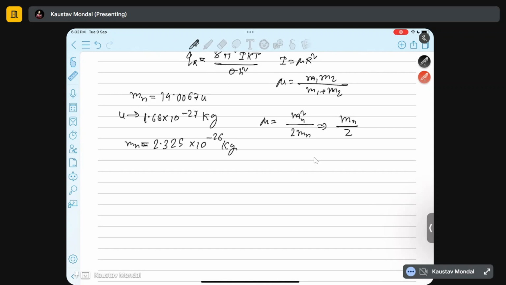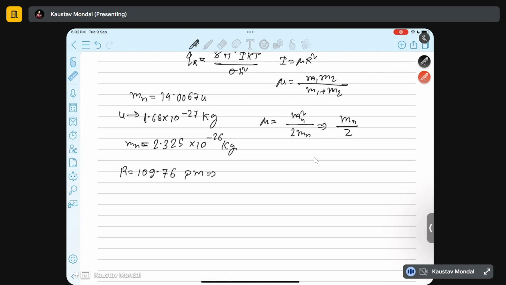So now, okay, we got the mu. After getting the mu, you can calculate the moment of inertia. So we need the bond length, right? The bond length is r equal to 109.76 picometer. Okay.